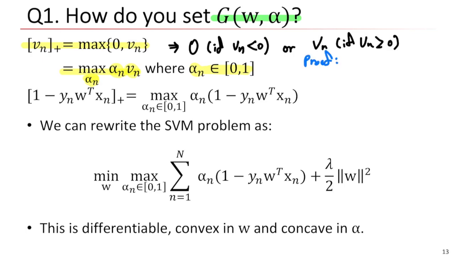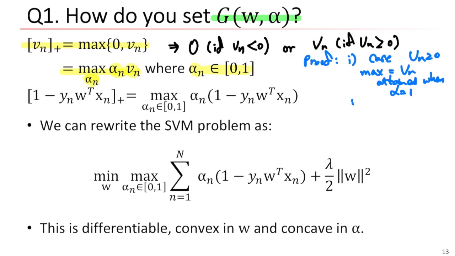Actually, there are two kinds of cases, right? The first case is Vn is larger than or equal to 0, then the maximum is just Vn, attained when alpha is 1, right?